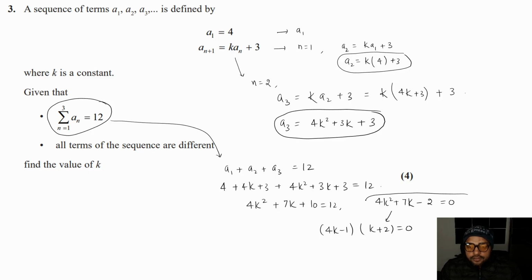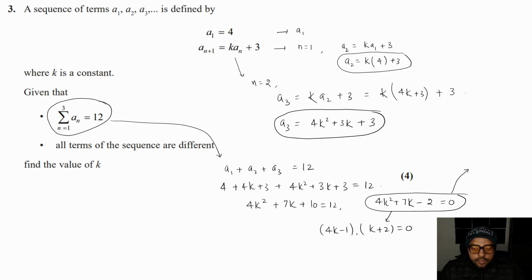How have we factorized? Just multiply the coefficient of the leading term with the constant term. So 4 times 2 will be 8, and we need to make the product of 8 in such a way that we'll get the 7. If you don't want to do the factorization, you can also apply the quadratic equation formula here.